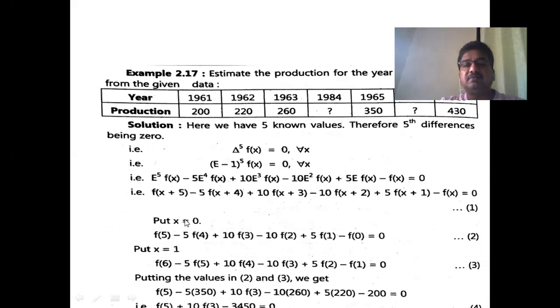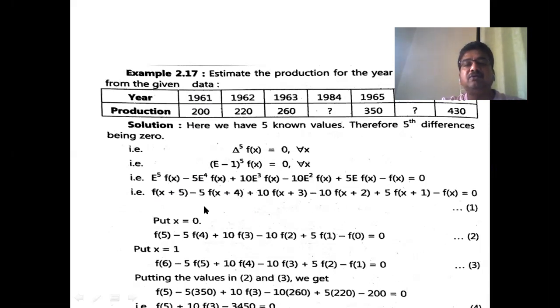Here is a mistake: don't write x is equal to 0. Substitute x is equal to 1961. So we have 1961 plus 5, that is 1966, and all the remaining terms, 1965 and so on.